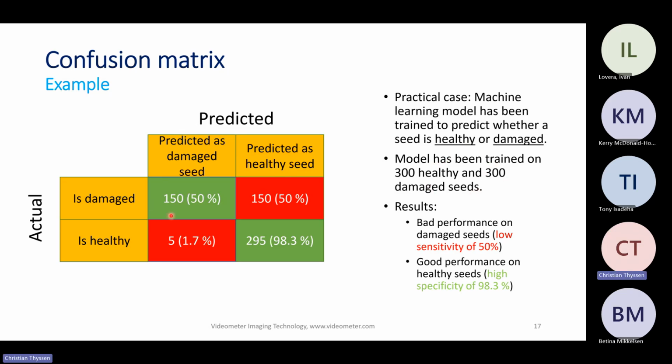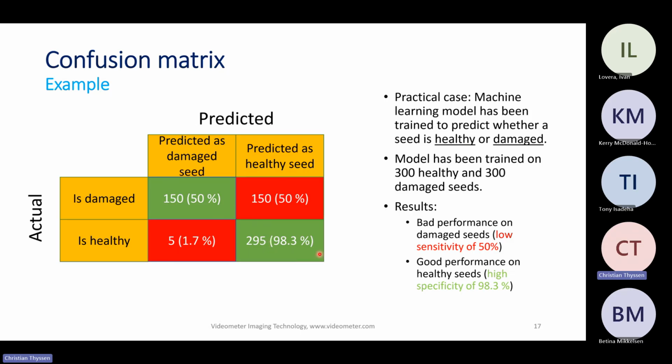Then we observe that the true positive rate is 50%. So in this case, given 300 damaged seeds, it will predict 50% as damaged and the other 50% as healthy. But of all the 300 healthy seeds, the error will be much lower and the accuracy will thus be much higher.